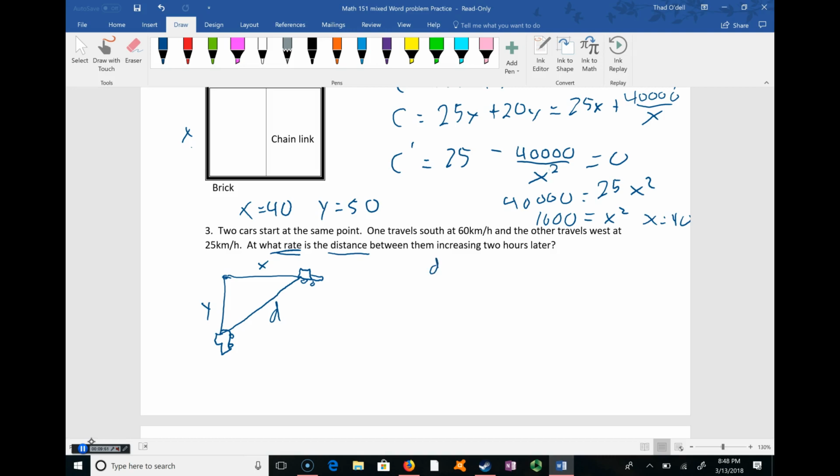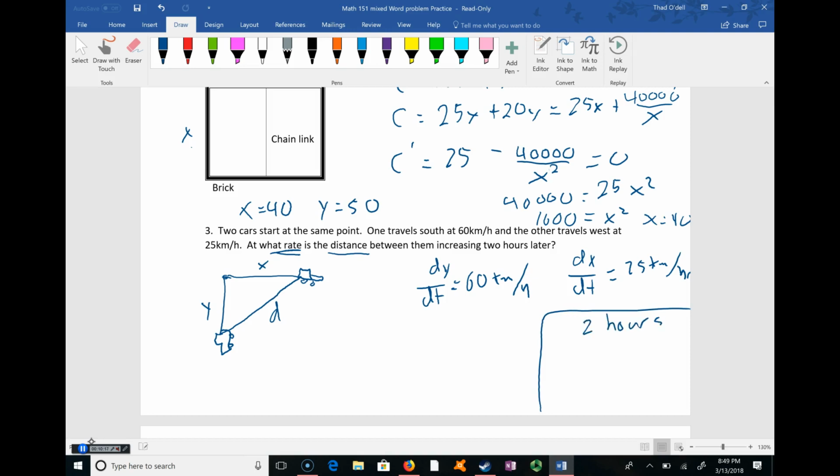Okay? So, it travels south, so dy dt would be 60 kilometers per hour, and dx dt would be equal to 25 kilometers per hour, right? And 2 hours later, we're looking for dd dt.